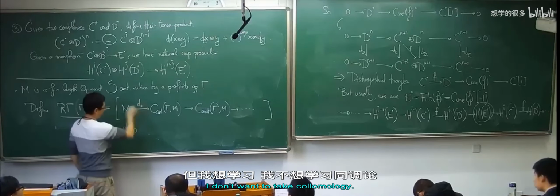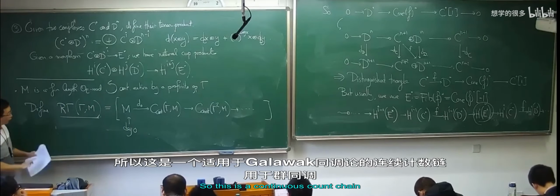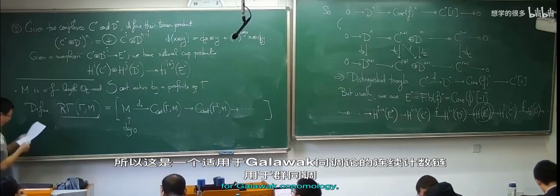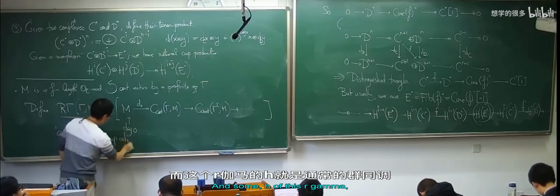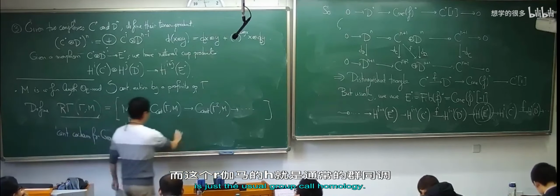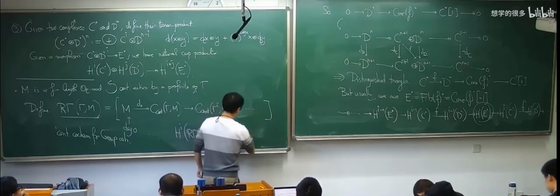But I don't want to take cohomology. I just want to keep it as a complex for now. So this is a continuous chain complex for Galois cohomology, for group cohomology, and this will compute the group cohomology. And so H^i of this R Gamma of Gamma, M is just the usual group cohomology. Okay, I'll keep it as this.